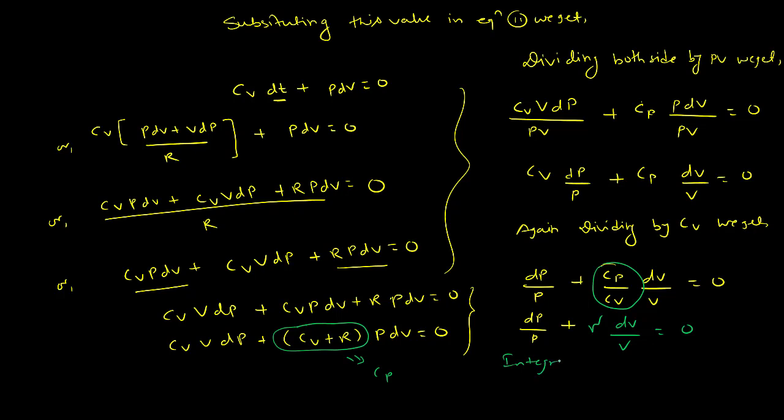Now integrating, we get integration dP by P plus gamma integration dV by V equal to integration of 0. Gamma is constant, so you can write it outside.